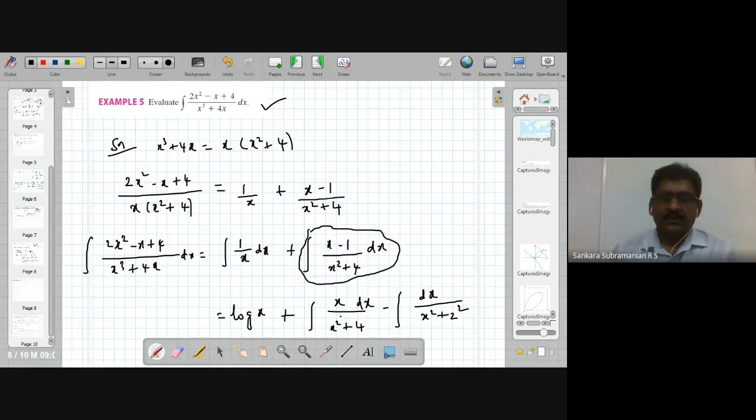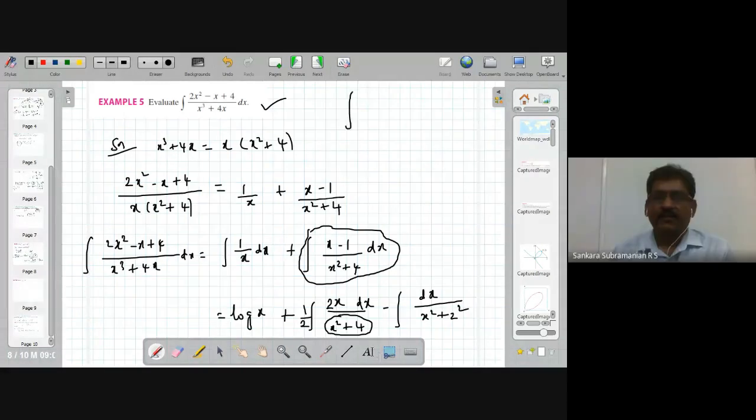Now if you closely observe this term consisting of numerator and denominator, if you differentiate the denominator, you get 2x dx, but you have x dx in the numerator. So you can adjust by writing 2x by multiplying 2 at the same time dividing by 2.